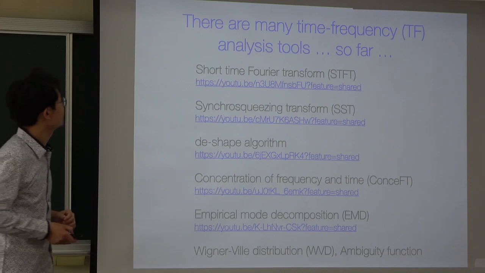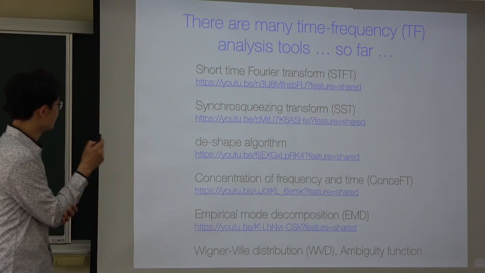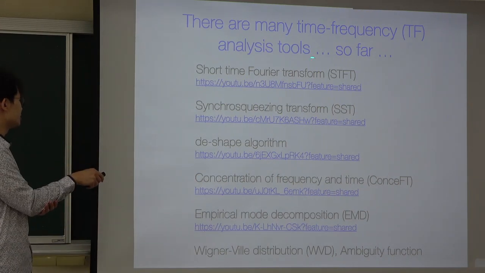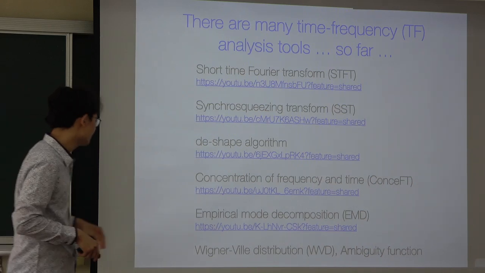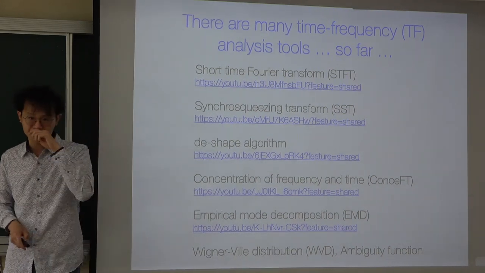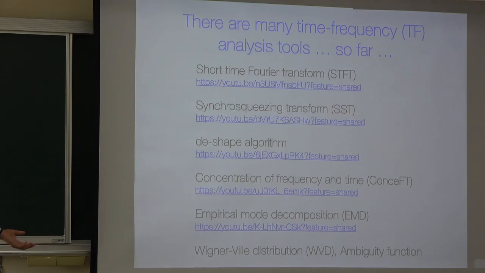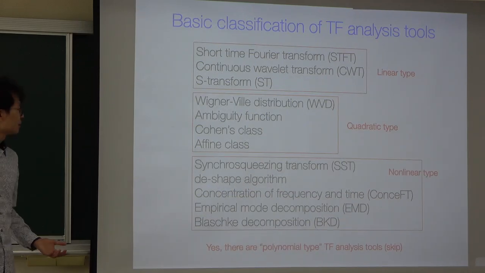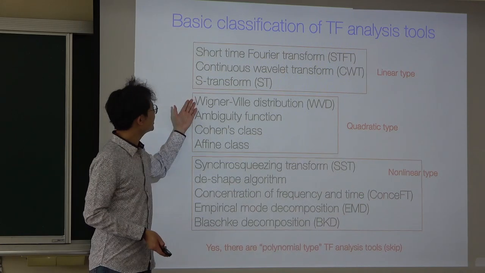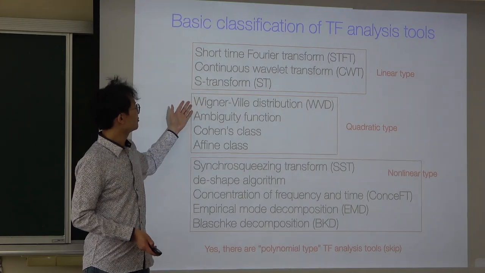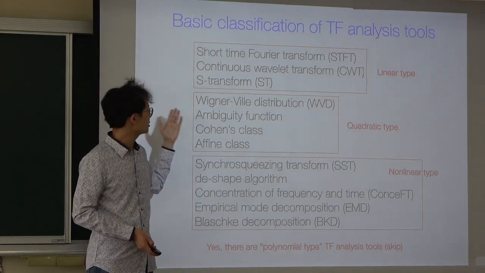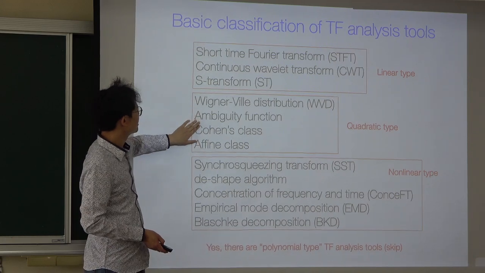And so far we have discussed several time frequency analysis tools: short-time Fourier transform, synchrosqueezing, up to Wigner-Ville distribution or ambiguity function. But that is not the end of the story. Actually, there are so many different ways we can modify Wigner-Ville distribution, ambiguity function, and so on. And that's called Cohen's class.